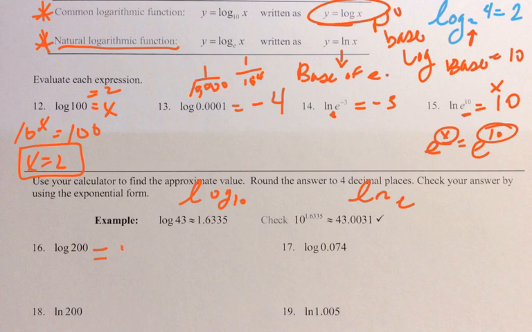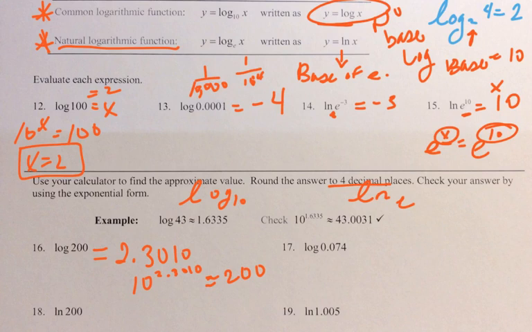Okay, you end up getting 2.3010 rounded to the 4th decimal place. And if you do 10 to the 2.3010, that's going to give you back where you started from, 200.